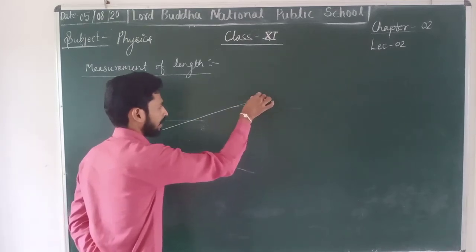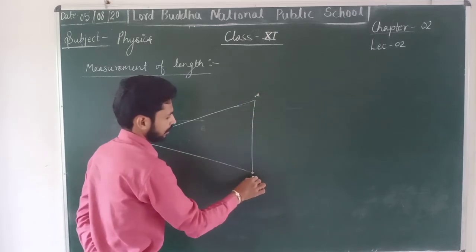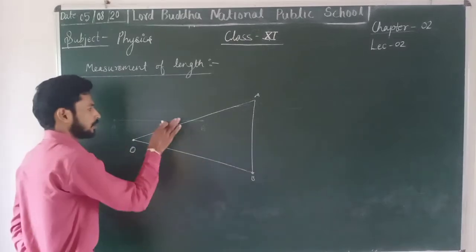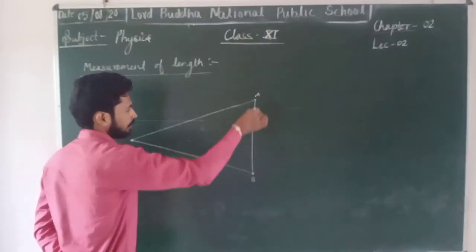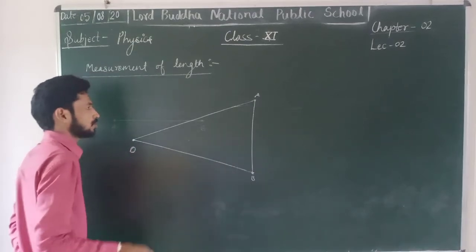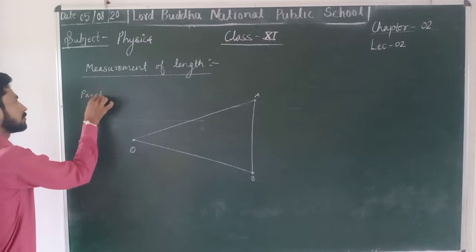The upper part of this object is A and the lower part is B. To calculate the distance between A and B, we use the parallax method.